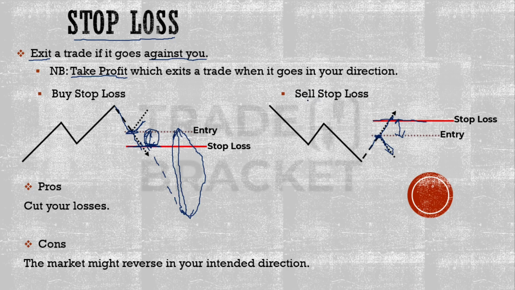Let me use this sell stop example. Let's say you enter the market right here and you think the market will continue going down, so you hope the market will sell. Price might come all the way, trigger your stop loss and get you out of the trade, so you will make a loss, then continue in your desired direction.